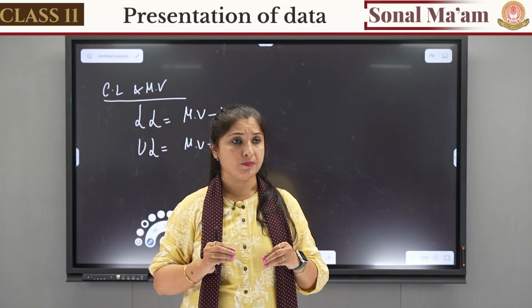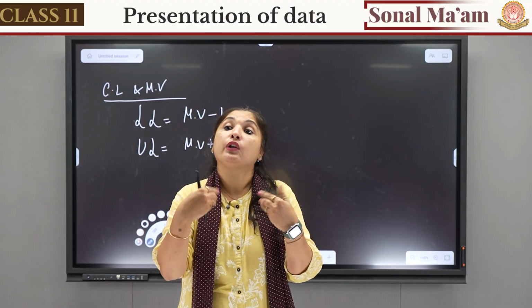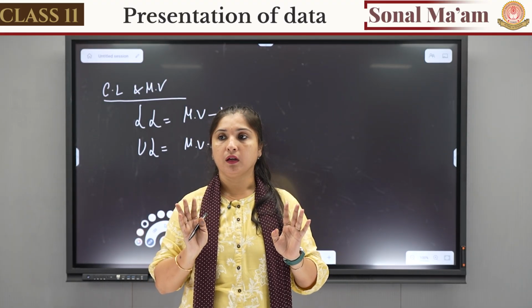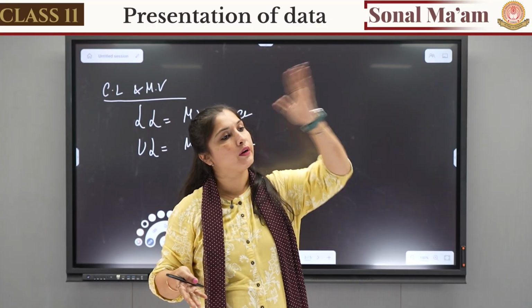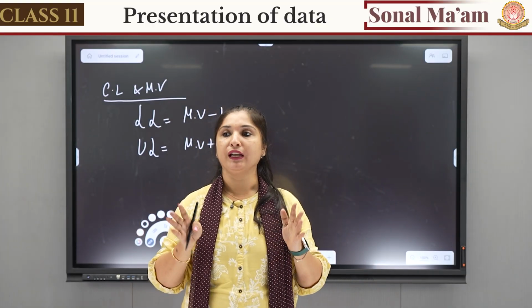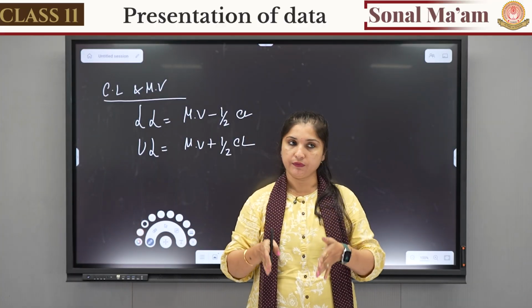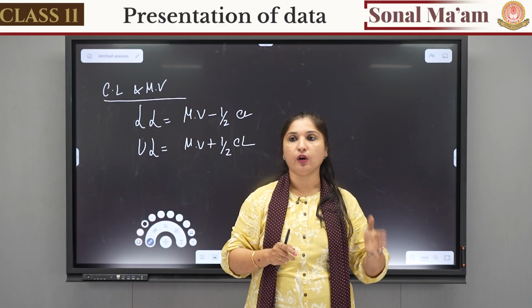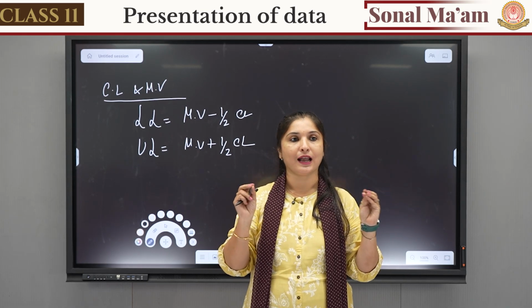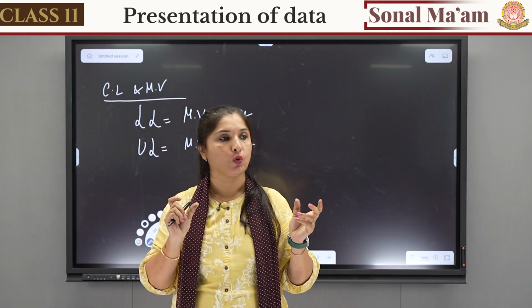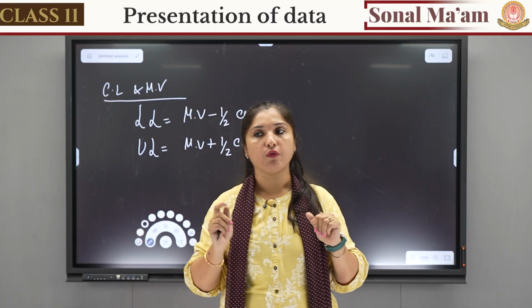Now there are sums when mid value is already given and it is told you to find the classes. Now we have to go the reverse way. Usually what we used to do, classes were given, we used to find the mid value and the class length, because it is simple. What is the class length? Class length is the difference between the two classes, that is upper limit minus lower limit.